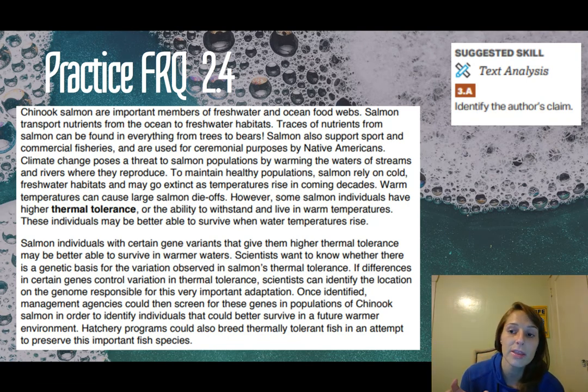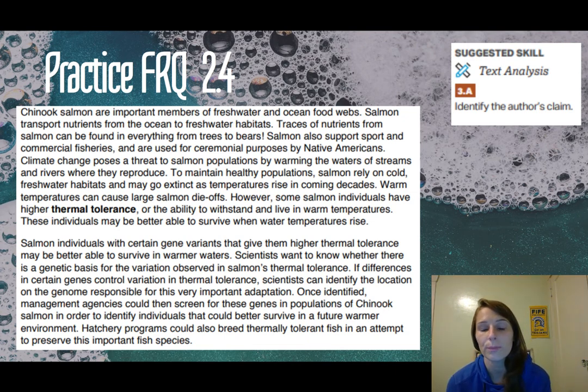Now, when you identify the author's claim, you're going to identify a testable hypothesis type claim. So when you are looking at the claim, is this something that is testable? If so, and if it's what the author was saying, then that is going to be the author's claim. So that's what I'm going to have you do for the practice FRQ with 2.4. And these were the notes on 2.4, which was ecological tolerance.